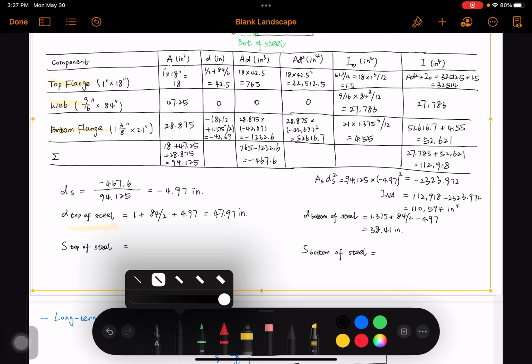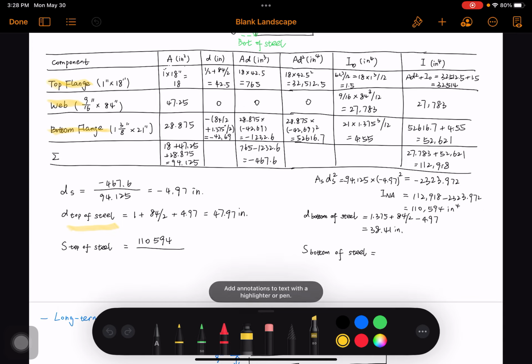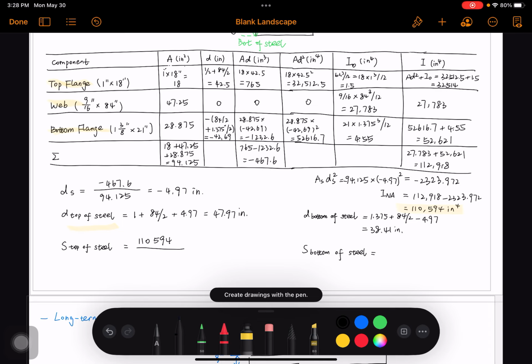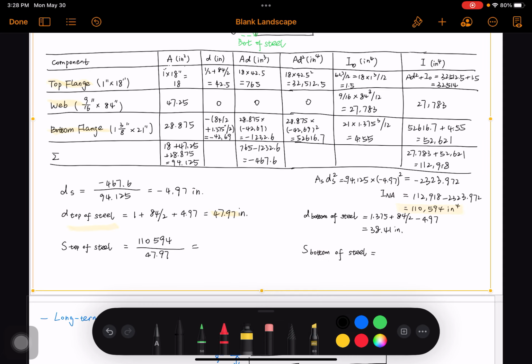Now the section modulus of the steel girder is calculated as 110.594, which is the moment of inertia about the neutral axis we calculated earlier, divided by the top of steel, 47.97, equal to 2,305 inch cubed.